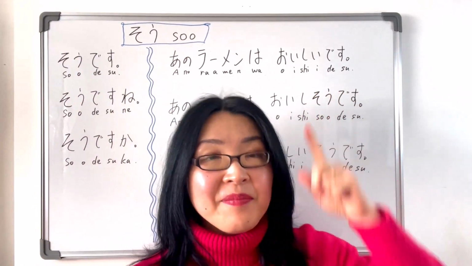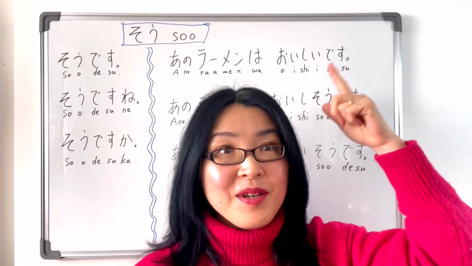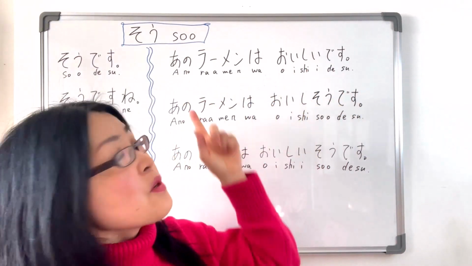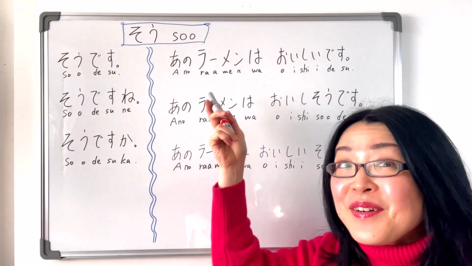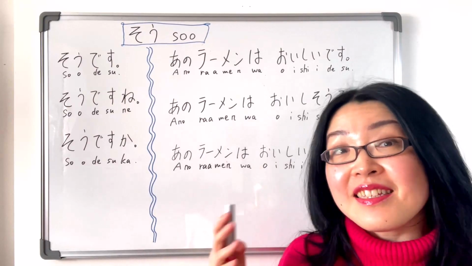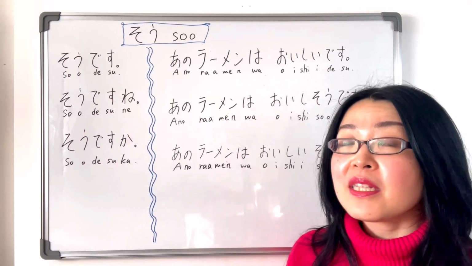And then here, maybe a little bit difficult ones. Let me explain. The first sentence without "so": あのラーメンは美味しいです. Can you say it? It means that ramen is delicious. This sentence just describes the fact that the ramen is delicious.